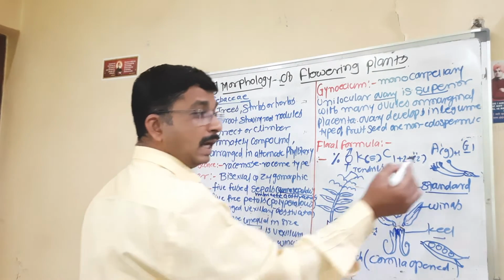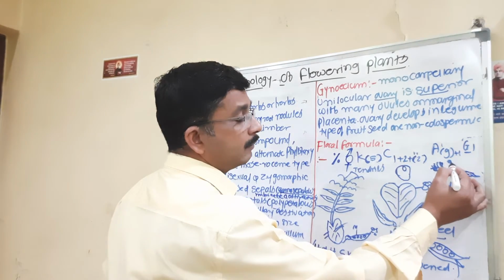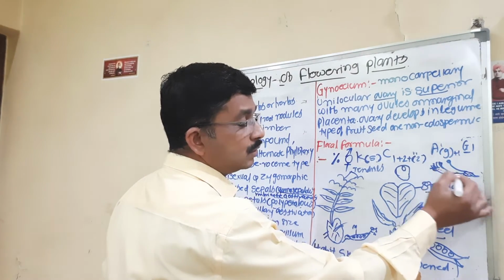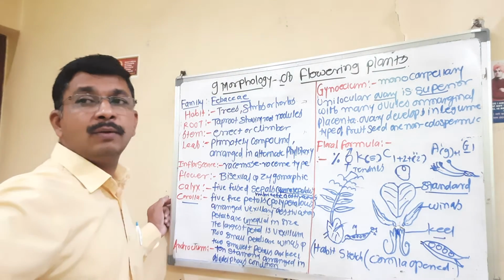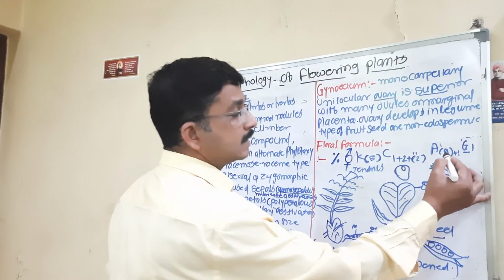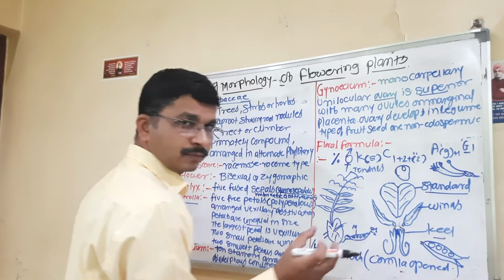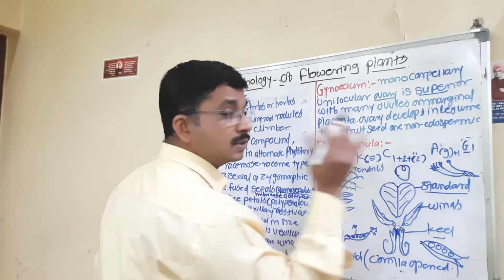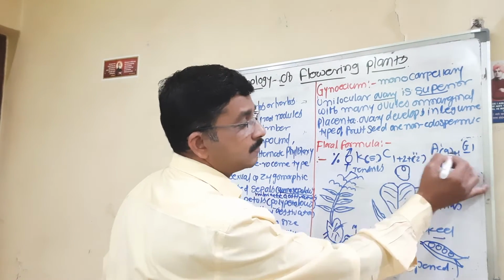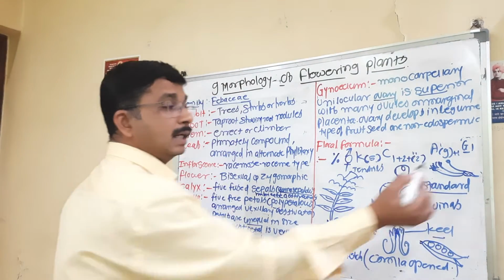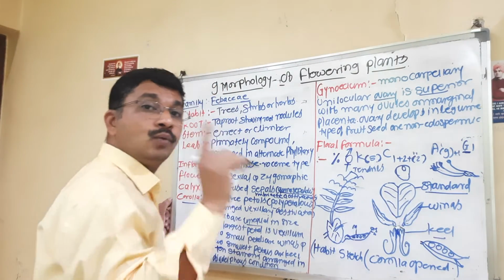Then the androecium: a bunch of nine that are fused, so we write the androecium as nine in brackets because they are fused, plus one, which is free. This is the diadelphous condition. Then the gynoecium has a superior ovary with one locule.